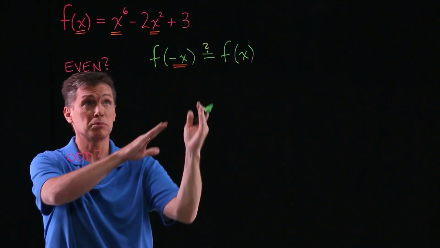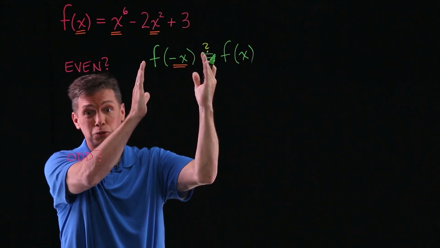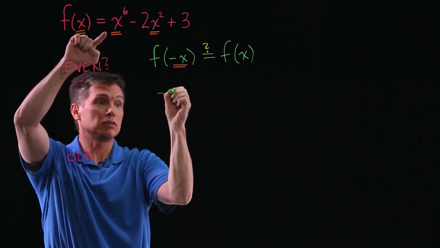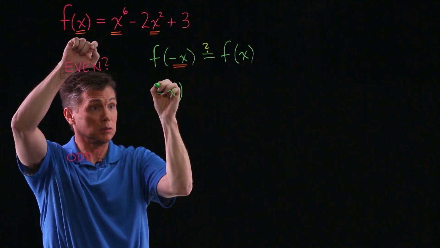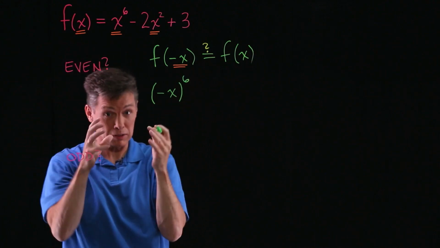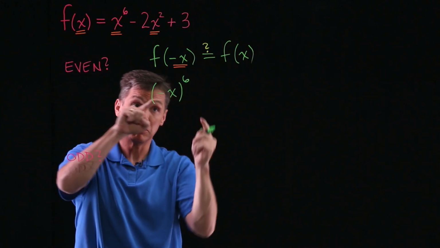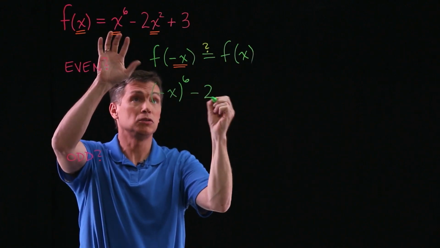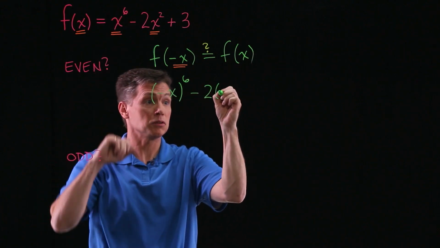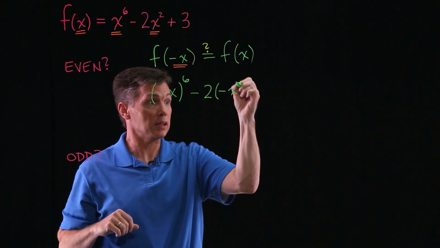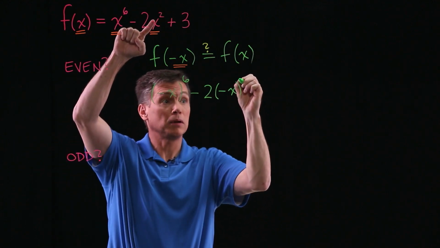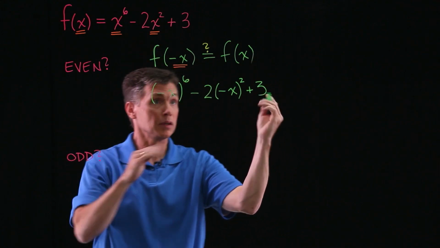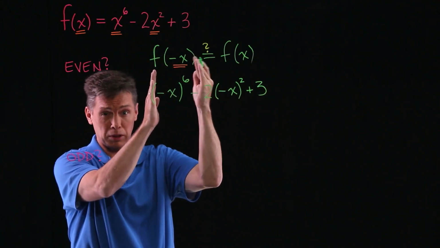So this next step for me on the left-hand side of this question is putting a minus x wherever I see an x, and be careful, put parentheses around the entire argument. The entire argument's being raised to the 6th power. And then minus 2, there's that argument again, so put parentheses, minus x to the 2 power, and then plus 3. And that's the entire left-hand side of my question.